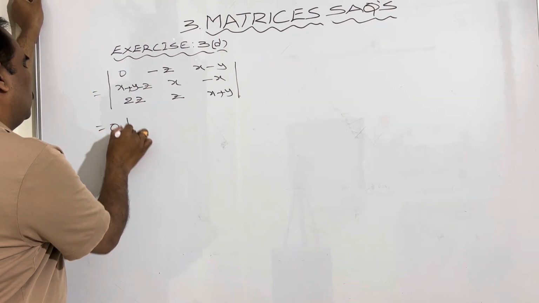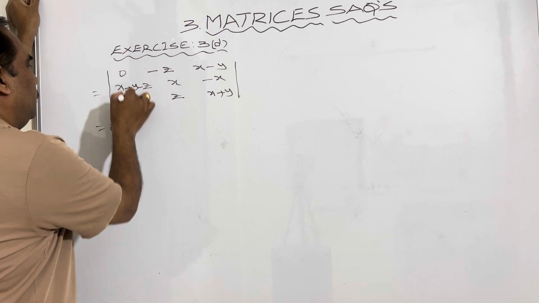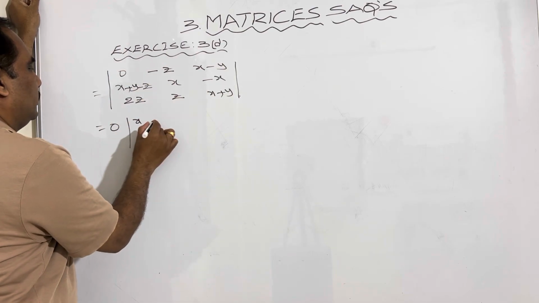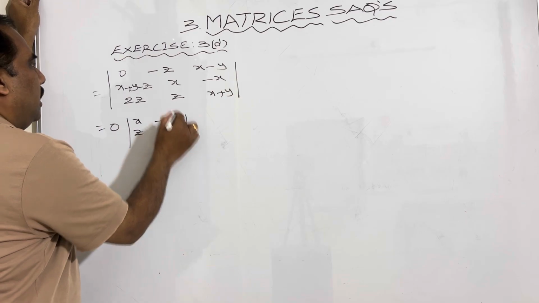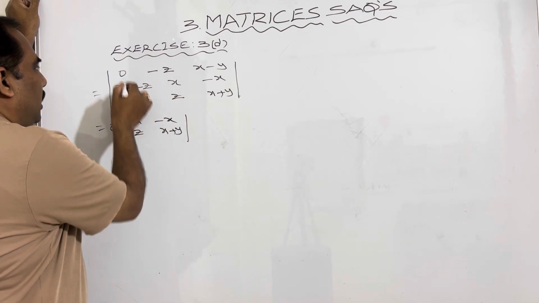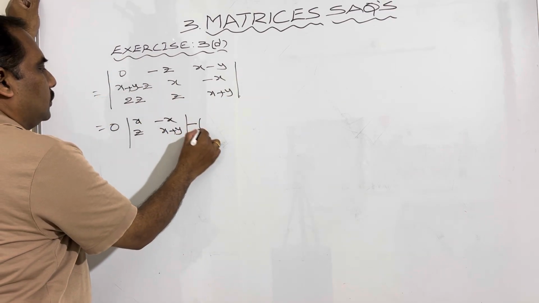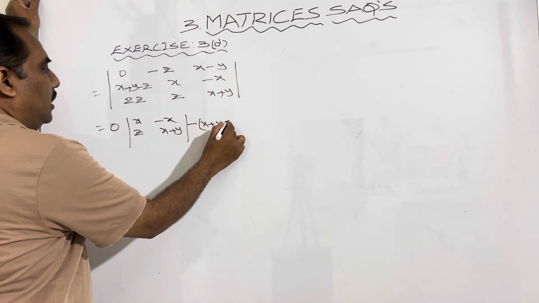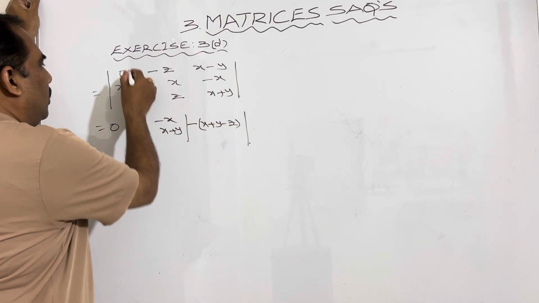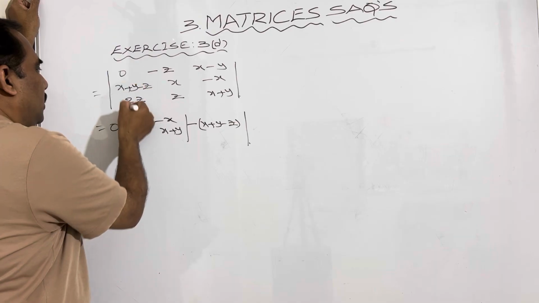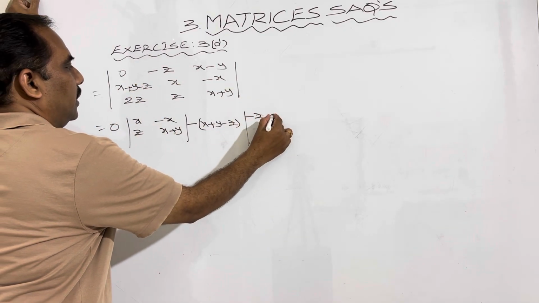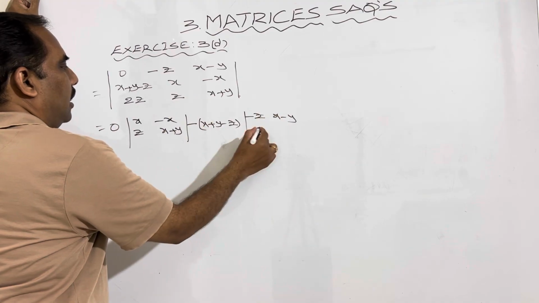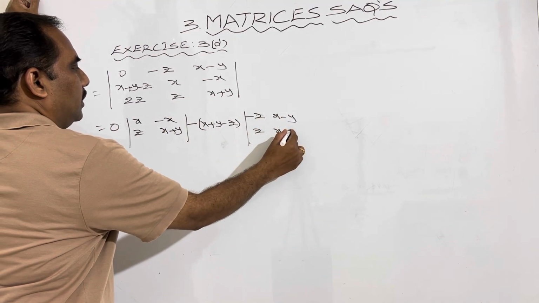This is 0 into the determinant of the minor. If you delete the row and column of the 0, we get z, x plus y, and along the first column, that is minus of (x plus y minus z) into the determinant of the minor. If you delete the first column and second row, we get minus z, x minus y; z, x plus y.